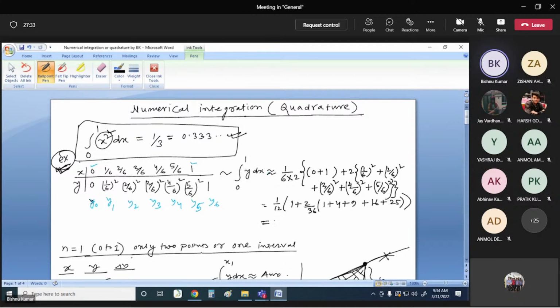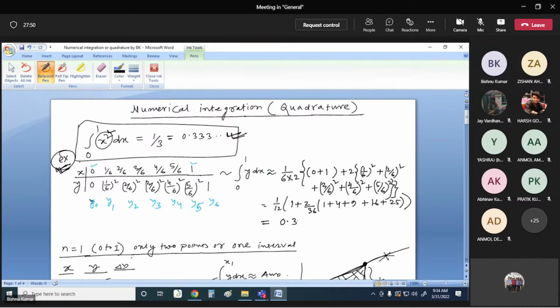What value is coming? Quickly tell me. Somebody do the calculation and tell me. Is it exactly coming along with this or something different?